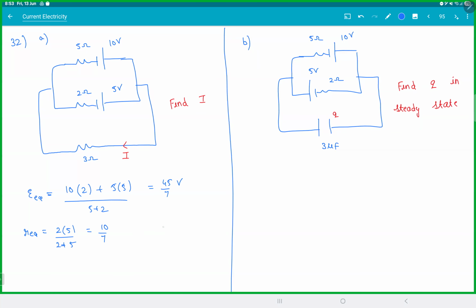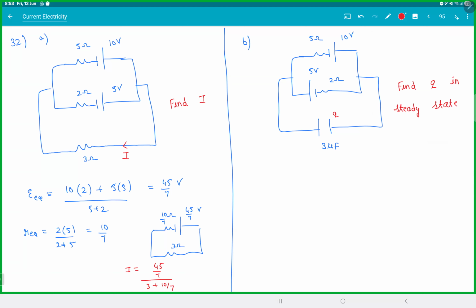So you can replace this whole circuit with one battery and one resistor with the external R. This is 45 by 7 volts, this is 10 by 7 ohms, and this is 3 ohms. Therefore, current will be voltage 45 by 7 divided by 3 plus 10 by 7. You can leave it there.